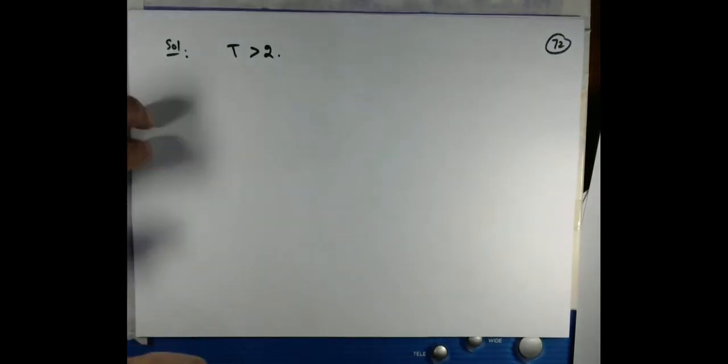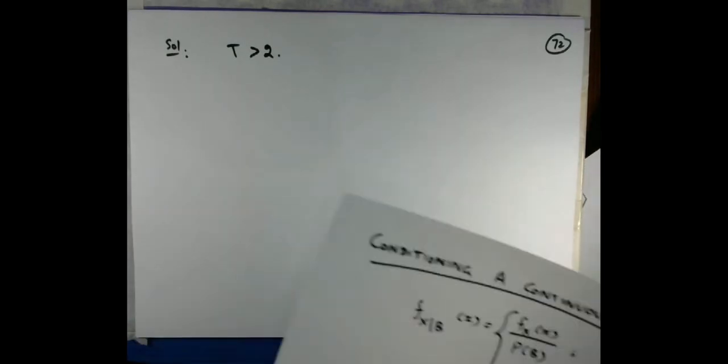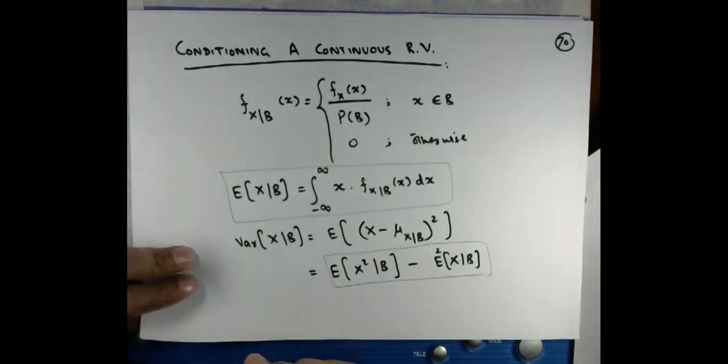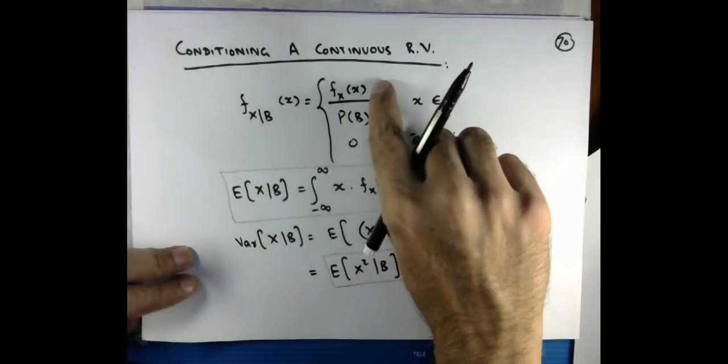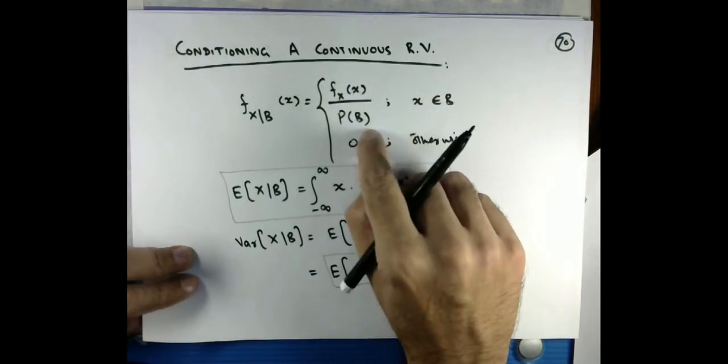So, I'll approach the solution. Our conditioning event is that t is greater than 2. To find the conditional PDF, you have to divide the parent unconditional PDF by the probability of the conditioning event.